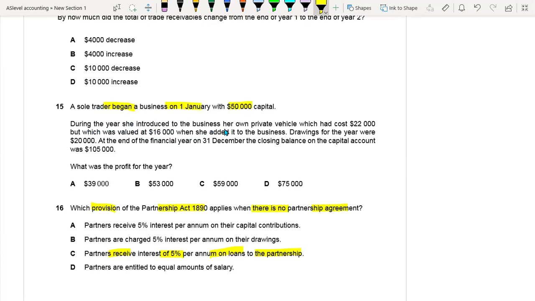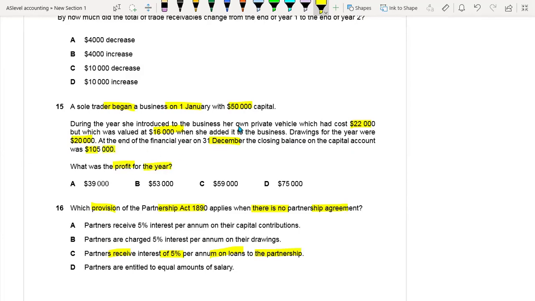During the year, she introduced to the business her private vehicle, which cost 22,000, but which was valued at 16,000. So just remember that you have to write the revaluation amount of your vehicle, not the cost. She added it to the business. Drawings for the year were $20,000. At the end of the financial year on 31st December, the closing balance on the capital account would be 105,000. So this is the closing balance, and we have to find out the profit.